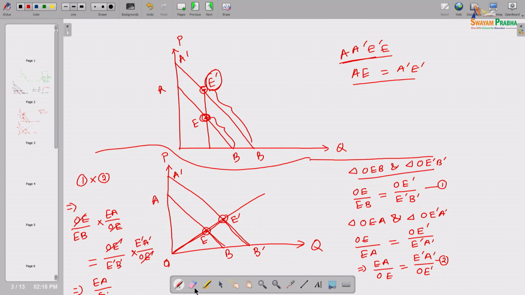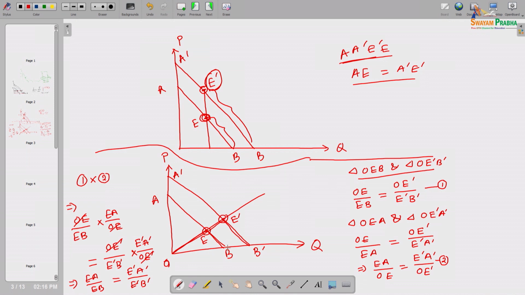So we can write EA by EB must be equal to E'A' by E'B'.